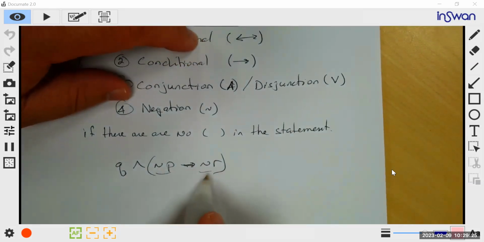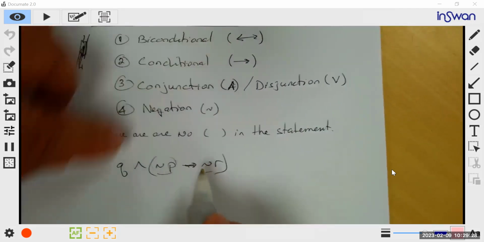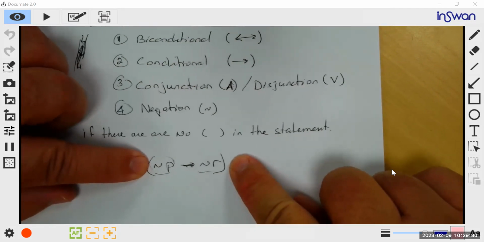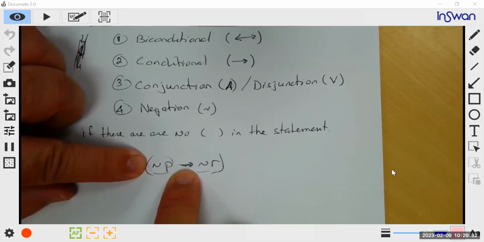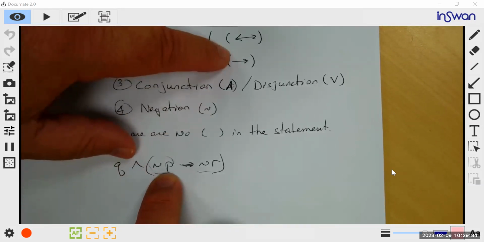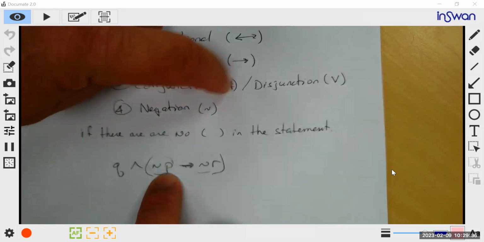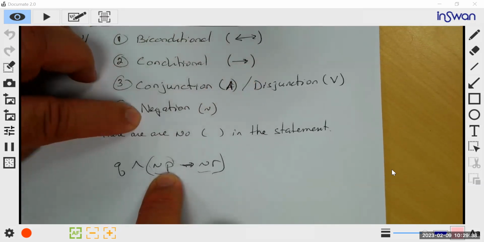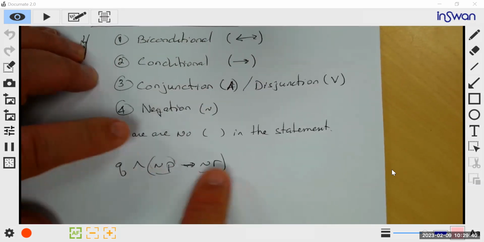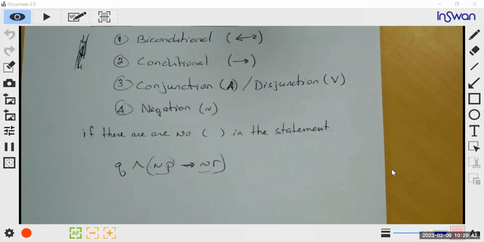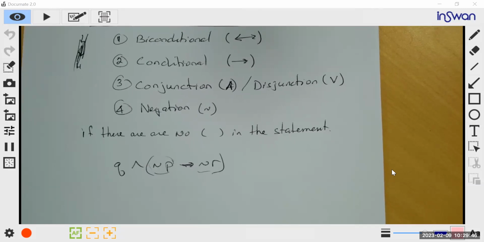So in order to do this, you work inside the parentheses. You know that's there. Are there any other conditionals? Are there any conjunctions or disjunctions? Are there any negations? So you have to do those next, and then you can do the operation. This is all the same as mathematics. This is where mathematics got its rules from.